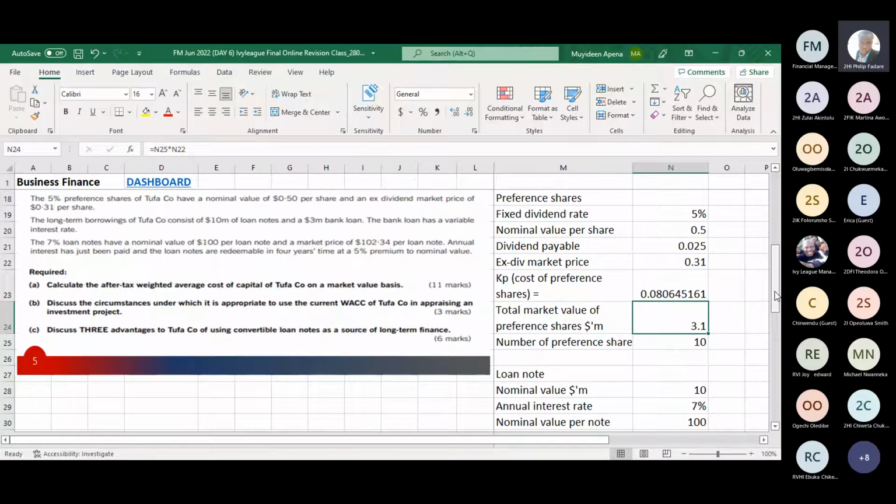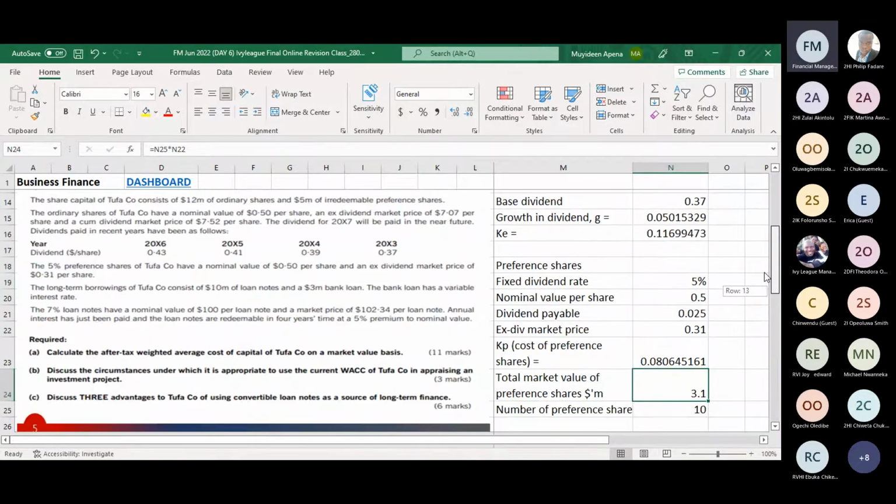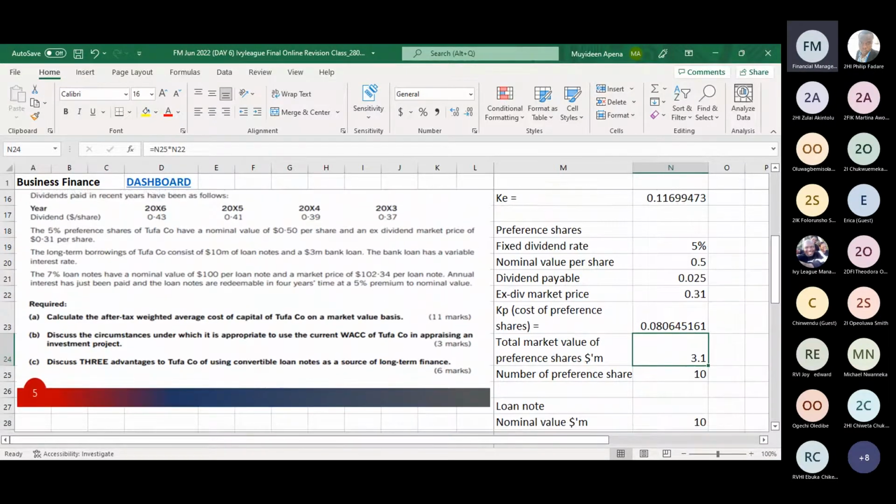You are explaining the variability of bank loan. Yeah. So I said we are told that it has a variable interest rate. So it changes. It's not a fixed interest rate. Don't forget that if you want to calculate cost of bank loan, it is the interest rate we can use as the cost of the instrument. Since the interest rate is variable, what is obtainable in the market is what we are going to use as reasonable cost of that instrument.